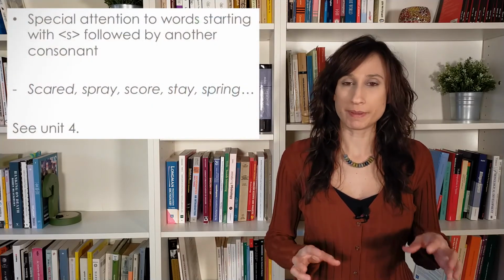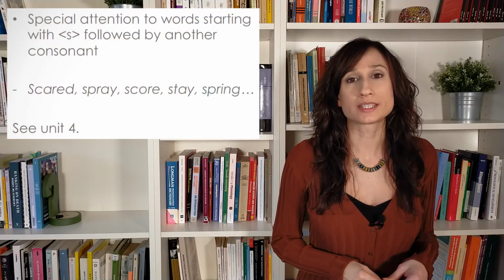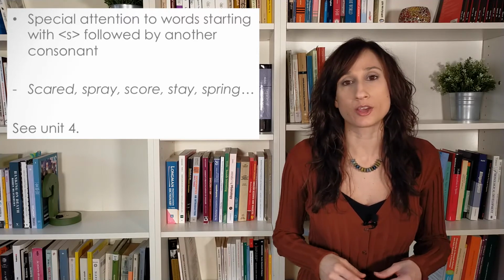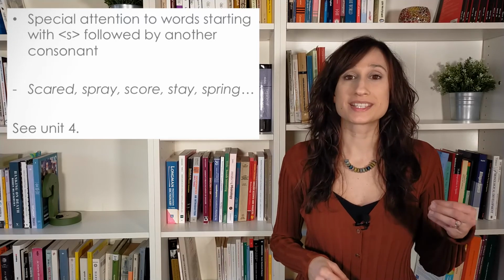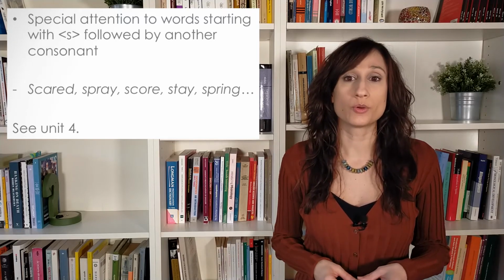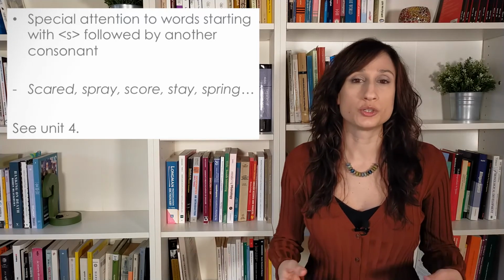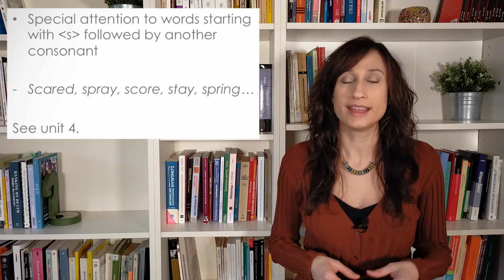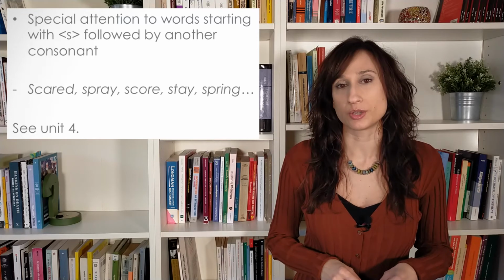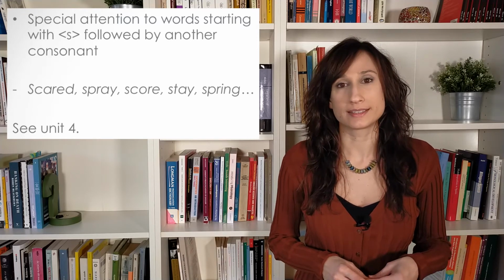Good. In this sense, we need to pay special attention to words that start with an S followed by another consonant, or maybe even 2 consonants. So for example, scared, spray, score, stay, and spring. So we shouldn't produce an extra vowel as in spring or spray, yeah? Especially when these words are next to another word that ends in a consonant.